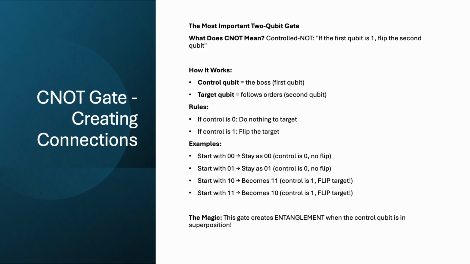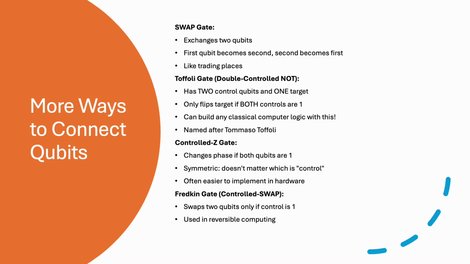And when the first qubit is 1, the second flips to 1, giving us 1,1. The result is a perfectly entangled state, an equal superposition of 0,0 and 1,1 with no 0,1 or 1,0 terms. This is how CNOT creates entanglement, and it is why this gate is so fundamental in quantum computing. This gate creates entanglement when the control qubit is in superposition.